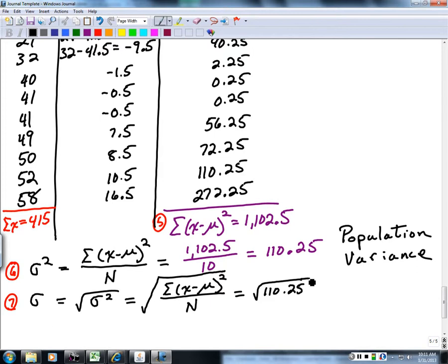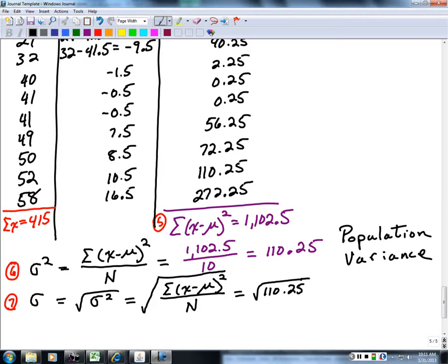But let me warn you here. What I've done here is a simple distribution. These numbers do not lend themselves to what we call round-off error. Because if you've got a distribution where you're getting long decimals after the decimal point and you tend to round to 2 or 3 decimal places, you have changed the value of your data values. Okay?